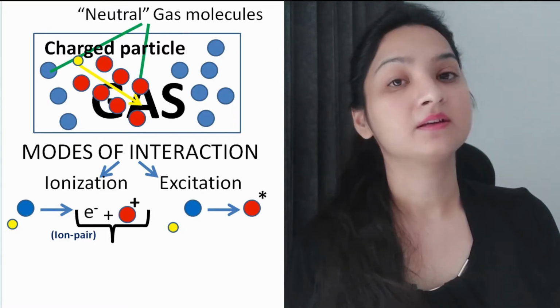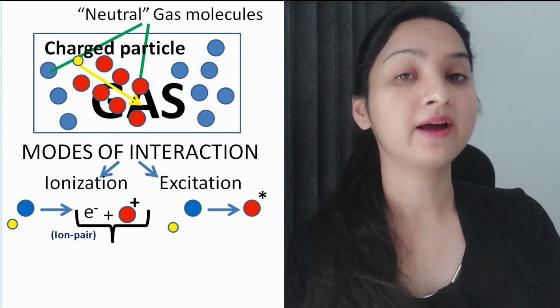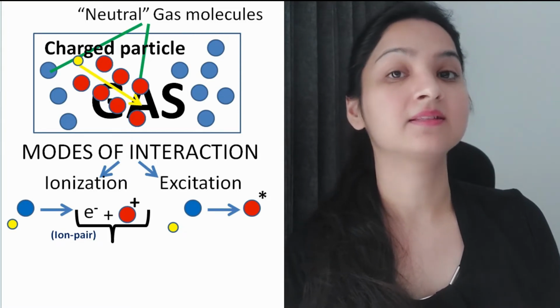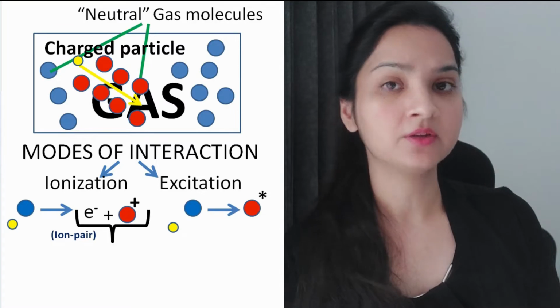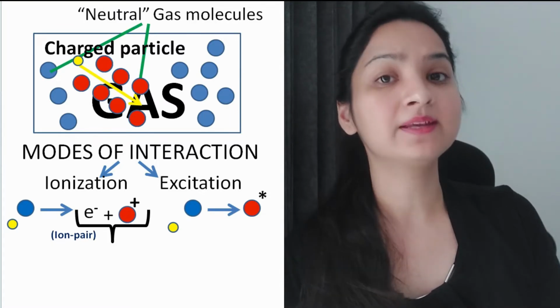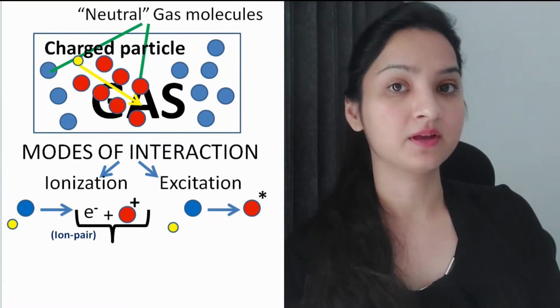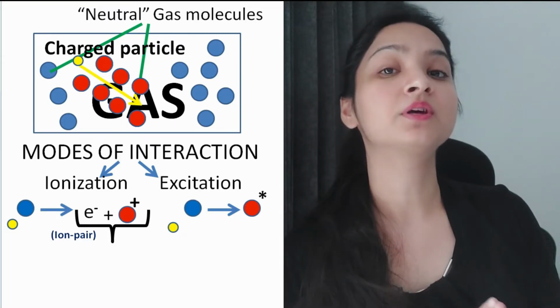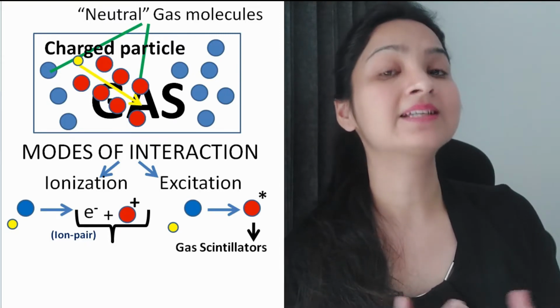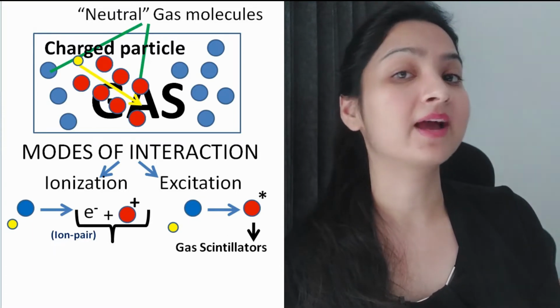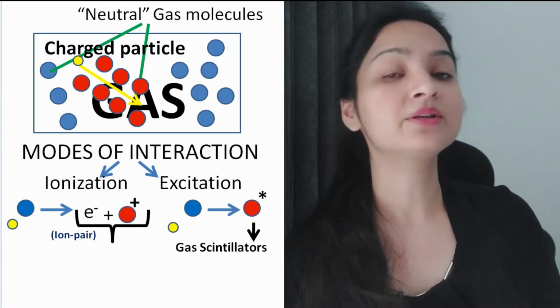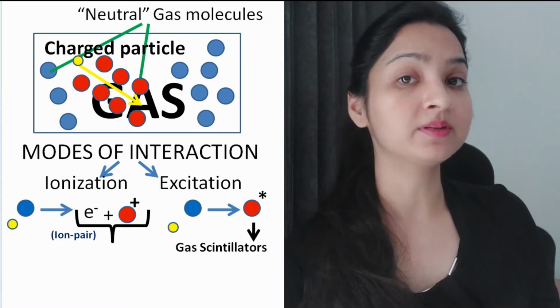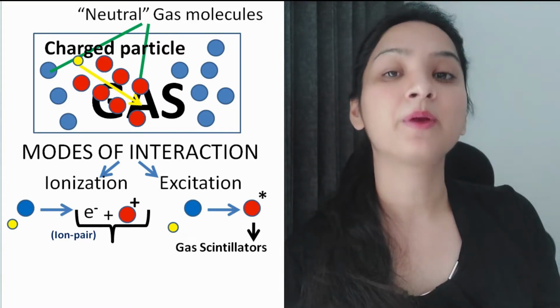Now in case the gas molecule or atom is excited, in the case of excitation, you do not get ion pairs. You only get ion pairs in ionization. So this excited gas atom or molecule can be used to derive the resulting signal, as in the case of gas scintillators. But here we are talking about ionization chambers and we need ion pairs.